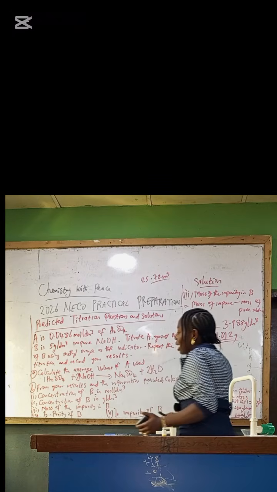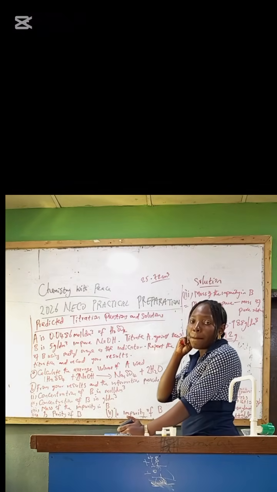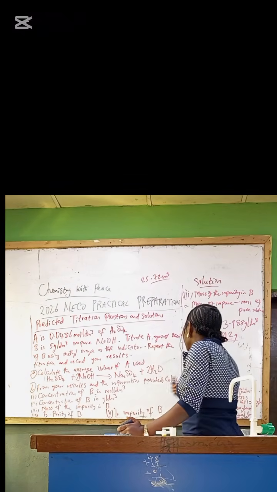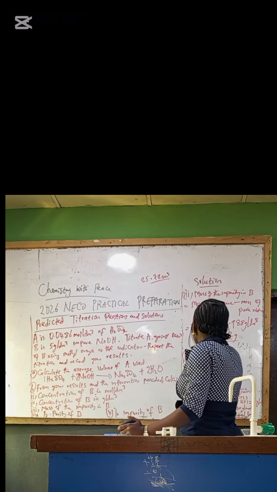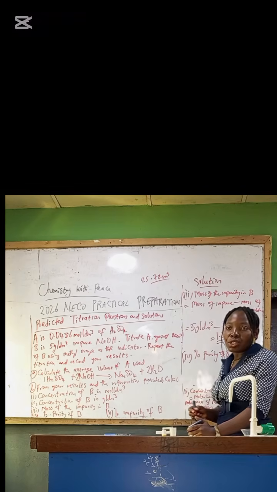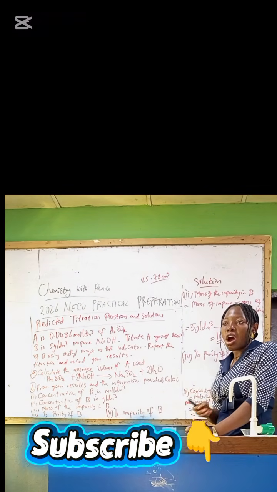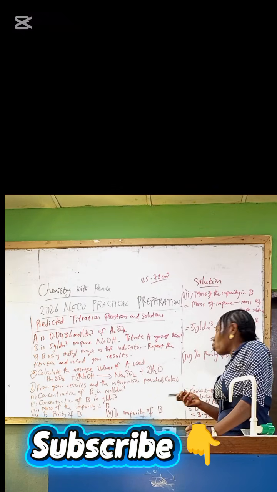Then the next question now says percentage purity of B. Percentage purity of B. The next question, IB. With this, we are going to use the mass of the pure over mass of the impure times 100 over 1.